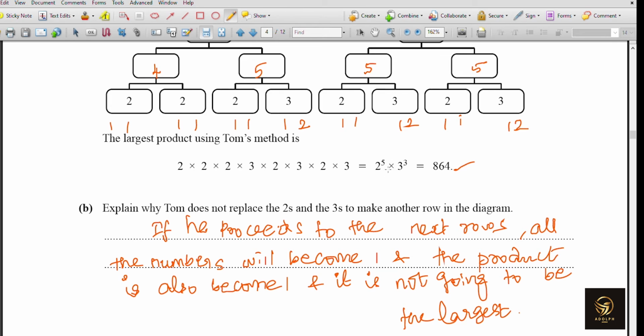Because even if you are proceeding to the next row, this 2 will become 1 and 1, 1 and 1. So actually it will not make sense, because we are going to find the largest product. So we have to stop at 2 or 3, because that is a consecutive integer we will be getting. If you are taking 1 and 2 as the consecutive integers, that will give the product as only 2, it's not going to be the maximum, so you have to stop at the value of 2. Okay, I hope this is clear.